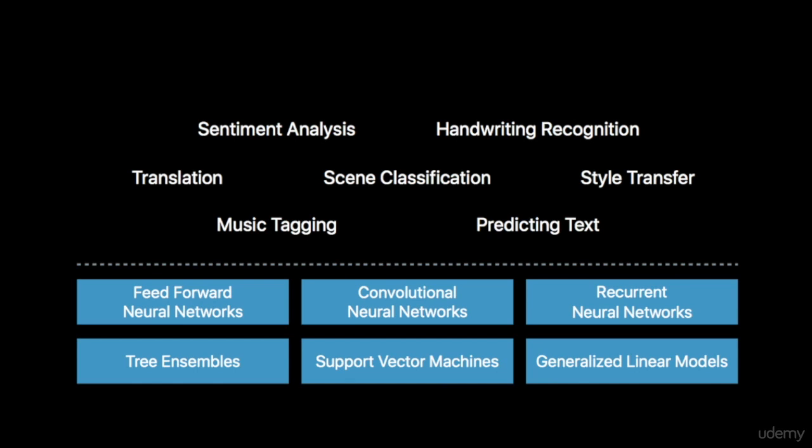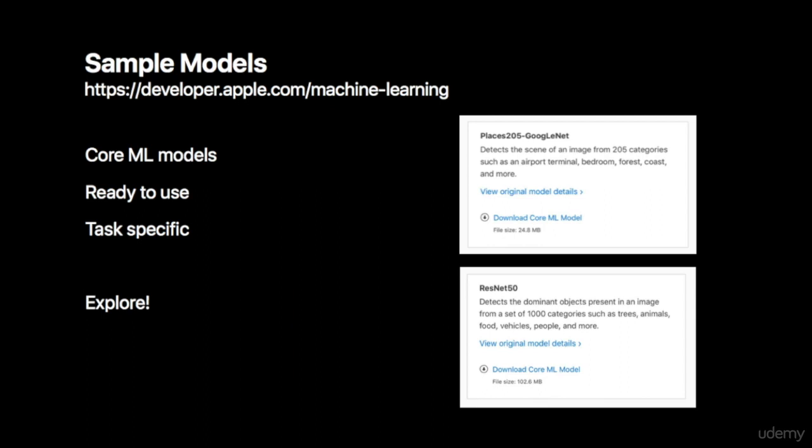So where do we get these models? Well, we go to developer.apple.com/machine-learning. Here you'll see two of the models. One detects the scenes of an image from 205 categories.